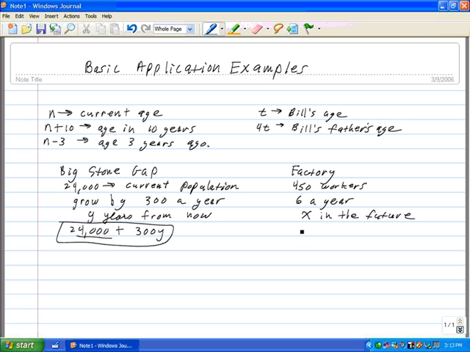Well, it would simply be the 450 that they started with minus 6 a year times the number of years, which we already have designated a variable to represent that. So that's how simple it can be to set up an expression that represents a situation that you're trying to describe.